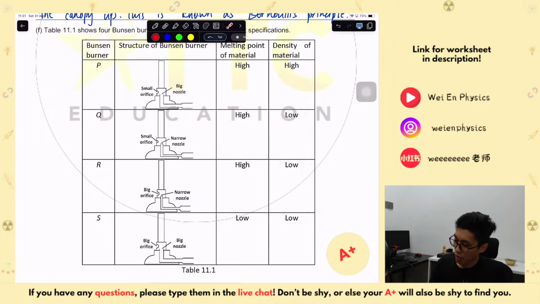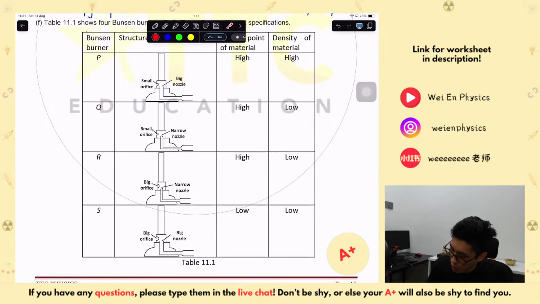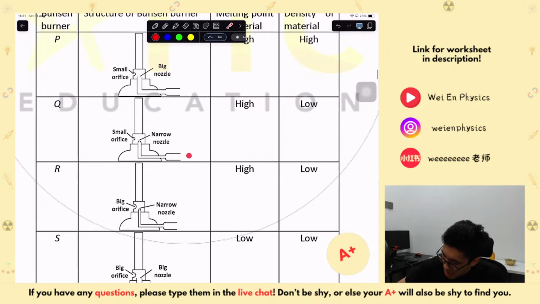Now what else in front? We got small orifice and big orifice. Orifice means the hole. There is a hole on the side of the Bunsen burner to let oxygen come in. When the gas comes in through the nozzle, it will flow very fast, or we want it to flow very fast.